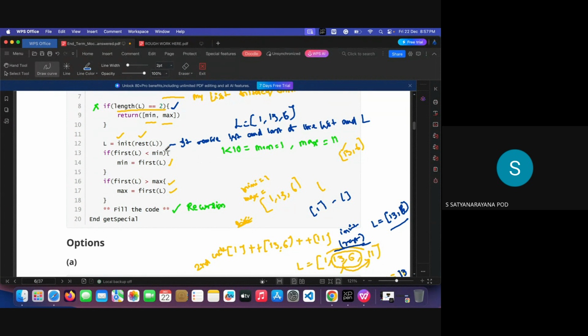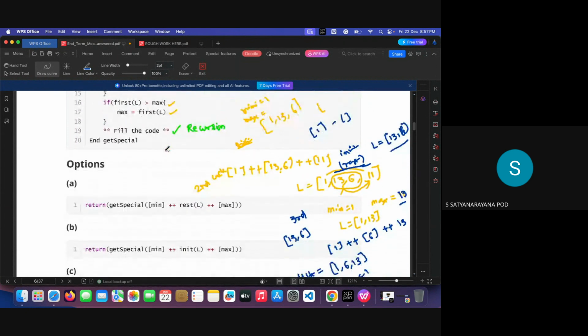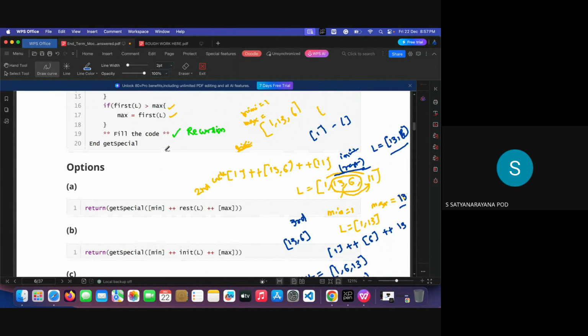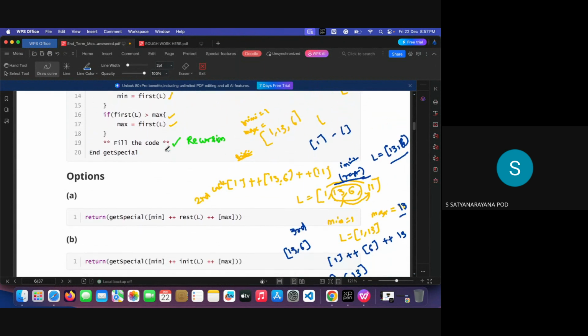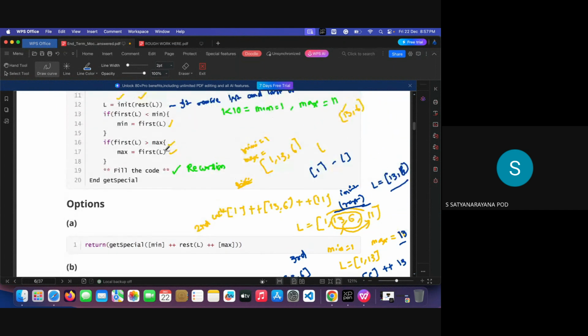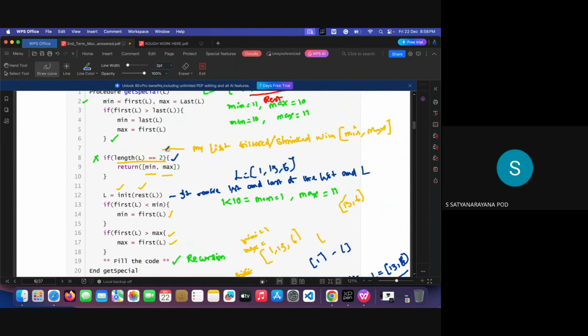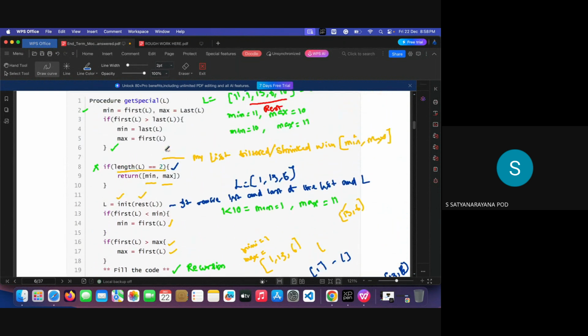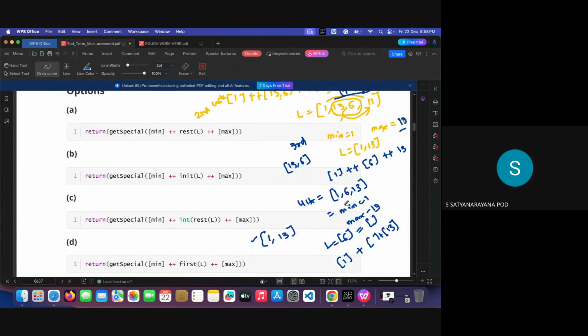Where is that init? The init part is extracting the 1 and 13. So in this 1 and 13, it happens here. 1 and 13 is added with two elements of max and min.